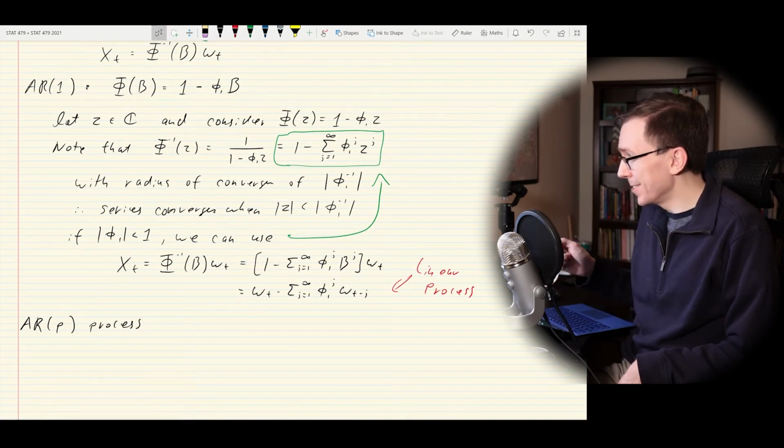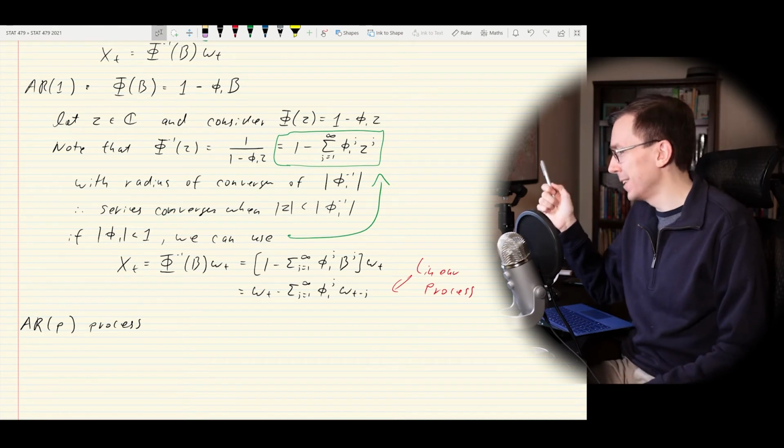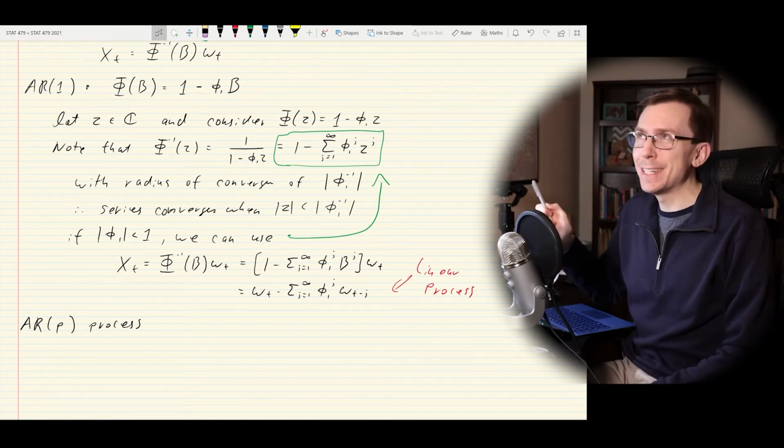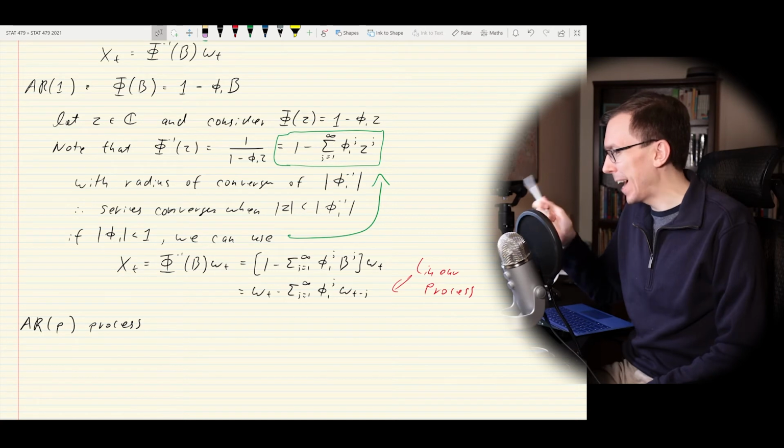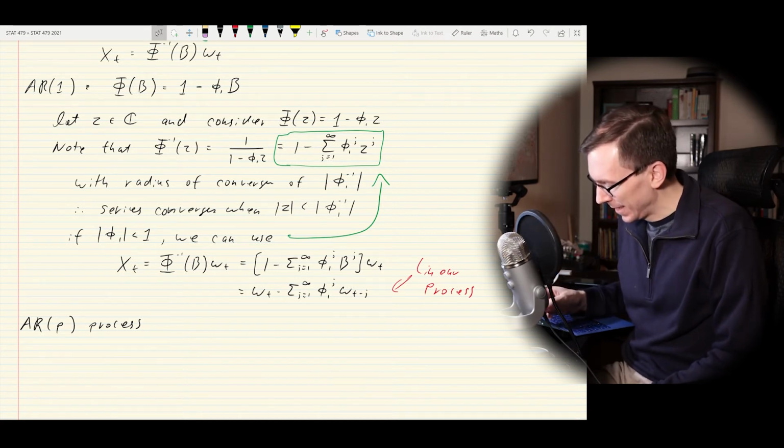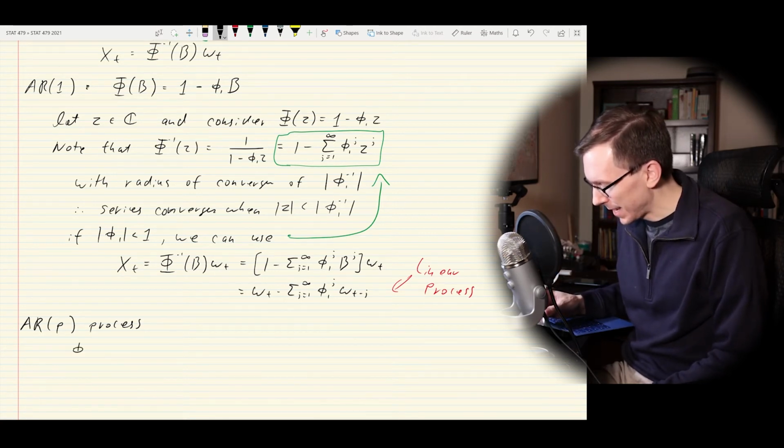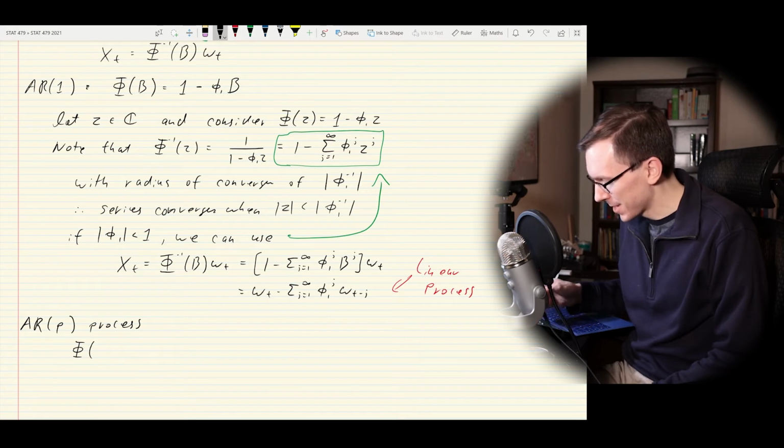And what we can do is we can rely on a fun little tool, the fundamental theorem of algebra. So for an AR(p) process, what we would have is something that looks like my autoregressive operator here.